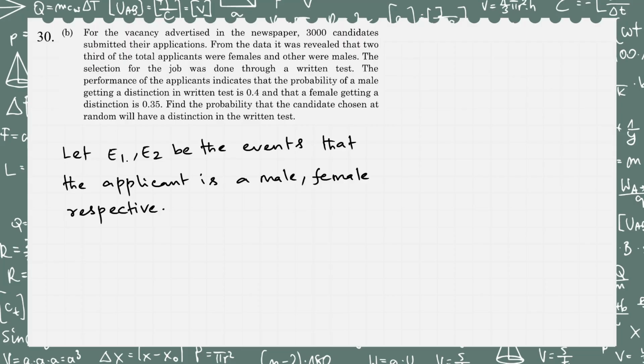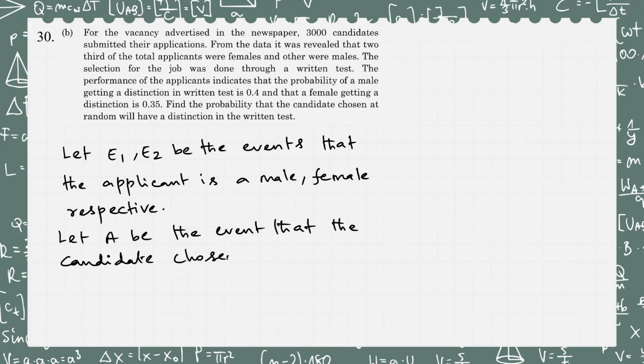So E1 is the event of selecting a male candidate. E2 is the event of selecting a female candidate. Let A be the event that the candidate chosen will have a distinction in the written test.